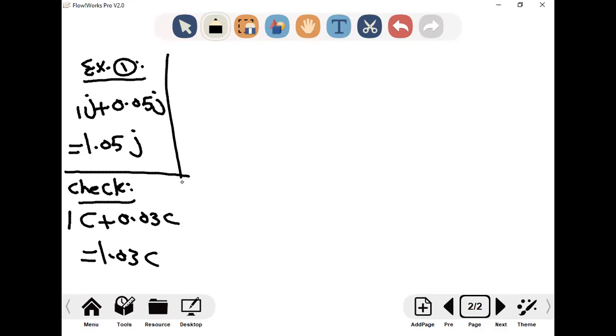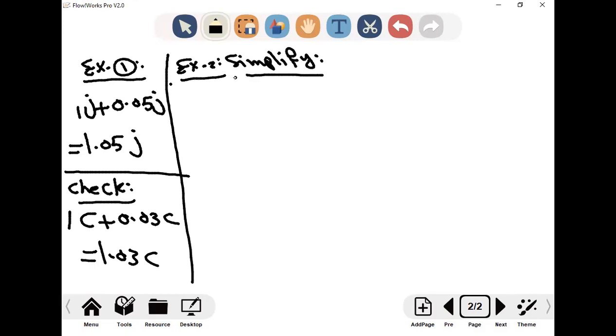Let's go to example 2. In example 2, simplify negative 5x plus y plus 6 minus 5y minus 3. And please focus here, please.